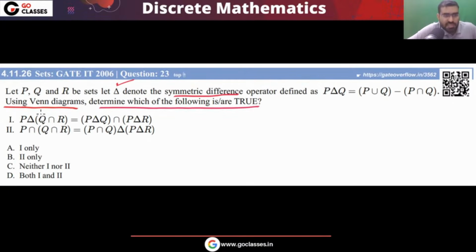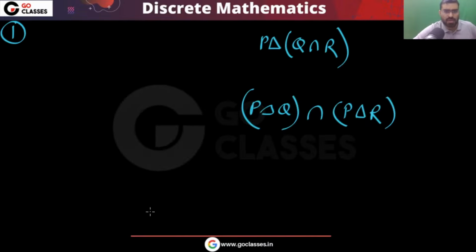Basically, you are distributing the symmetric difference over intersection. But we don't know whether this distributive property is correct or not. We have to check whether we can do this distribution or not. So let's check.